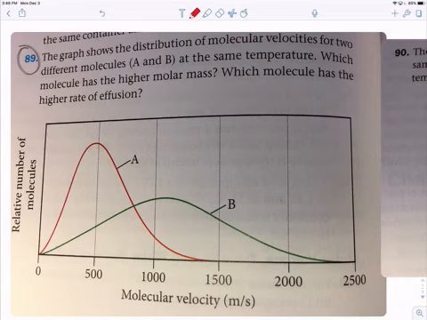So like if a car and a truck have the same energy, the car has to be moving faster than the truck because the truck is heavier. So likewise, this gas is heavier, so it's moving more slowly, and B is moving faster. The faster one effuses faster, so B is going to effuse faster than A. So, make sense?